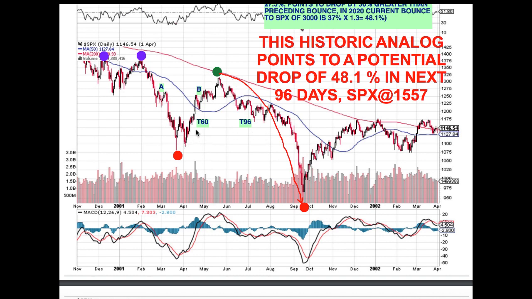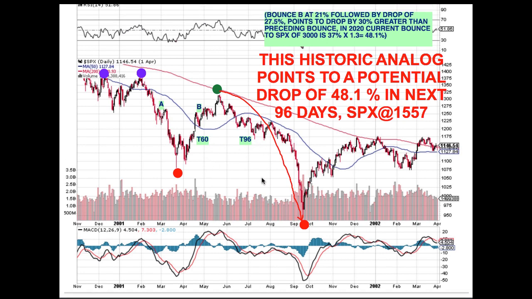The bounce happened over 60 days from the low point right here all the way to here. The drop is substantially greater in percentage points and in total points than the bounce, but look at the time frame. It's 96 days, guys. It's a much greater time frame. So 2 to 3 is basically the ratio here.